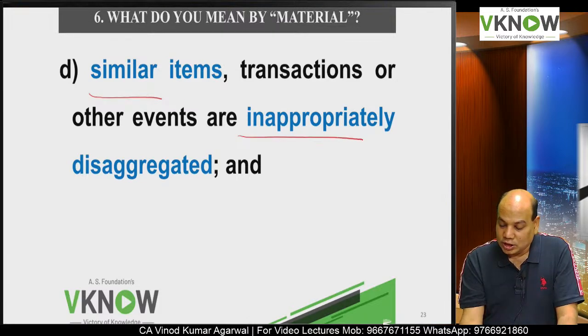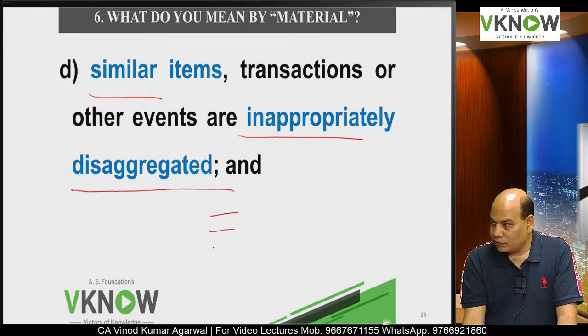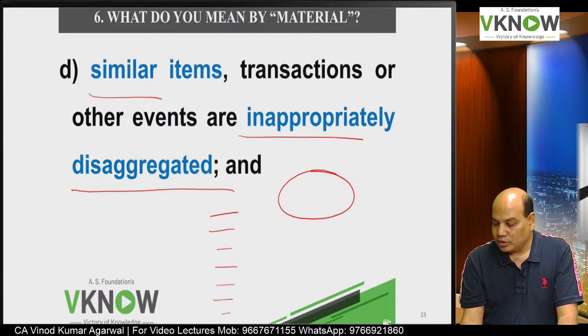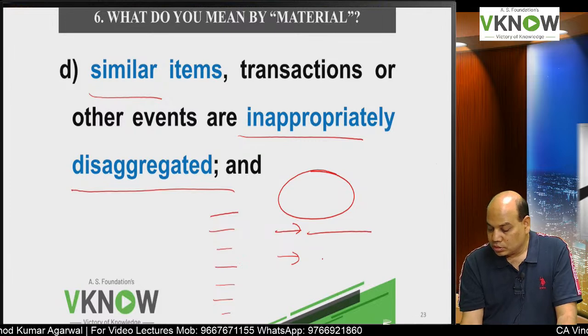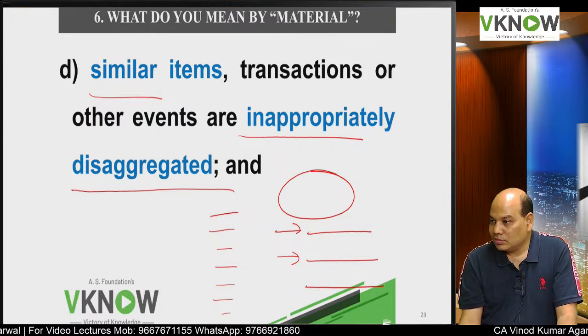Then similar items are inappropriately disaggregated also, meaning overloading of information. You could have simply written one item, printing and stationery. So you have divided that into a few lines: purchase of books, purchase of stationery, purchase of office stationery. These are the same item.